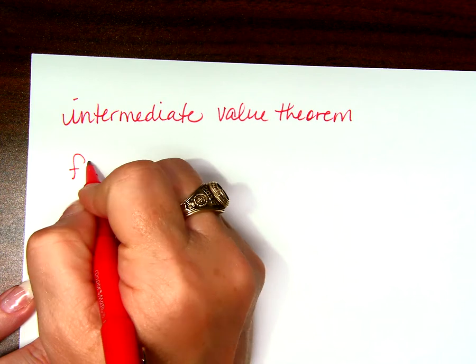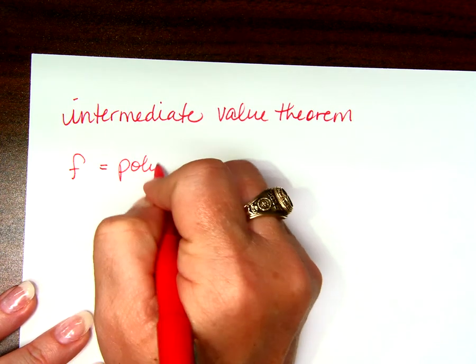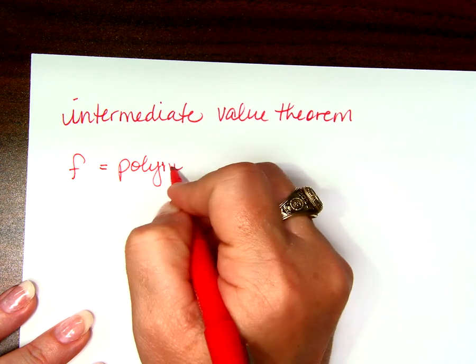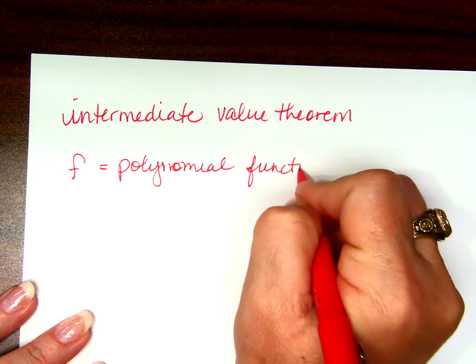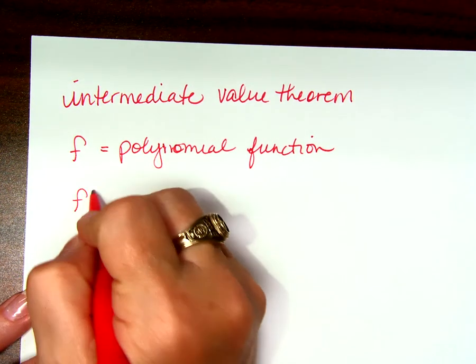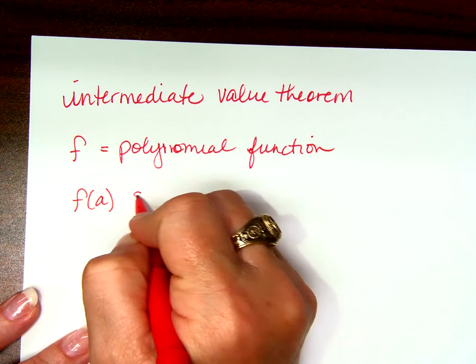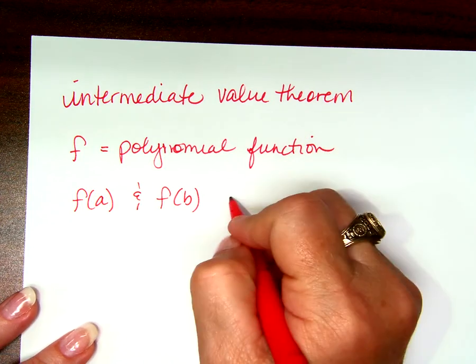So we're going to let f be a polynomial function. F is a polynomial function. Okay? F of A and f of B have opposite signs.